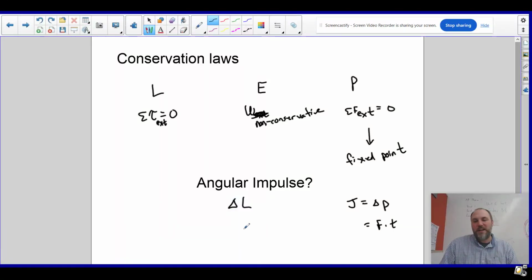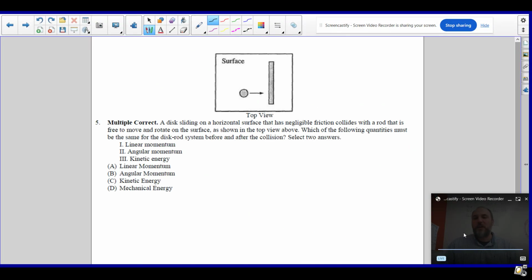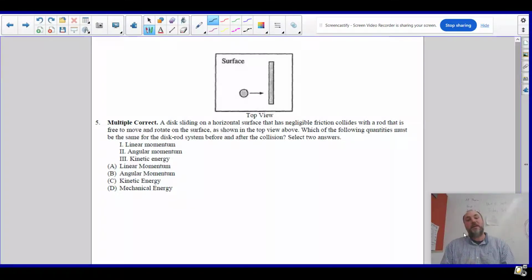So we could apply the same thing to angular impulse if I replace forces with torques, and I replace, well, time is a scalar, so I don't have to do anything to that. So torque times time would be an angular impulse, and that would determine the change in angular momentum on a particular object.